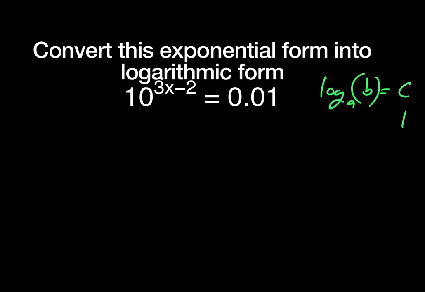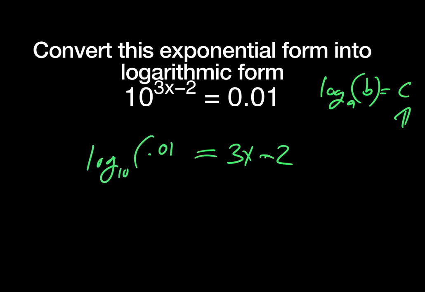The c is the exponent, so 3x minus 2 equals... the base is a, my base here is 10, because that's the base of the base raised to a power, the base is 10. So I'm going to have log base 10 of, and then that's the number that was here, is the equals here.